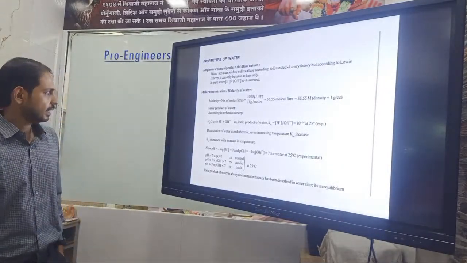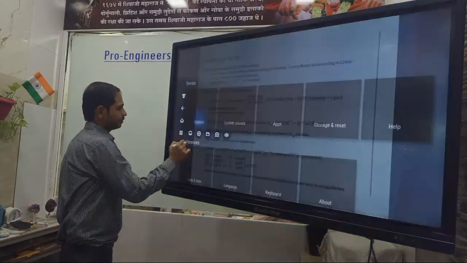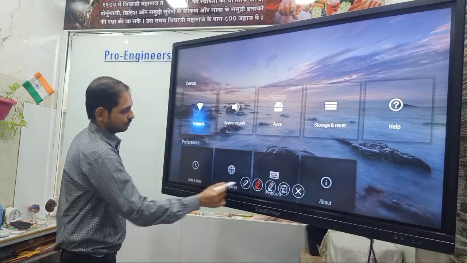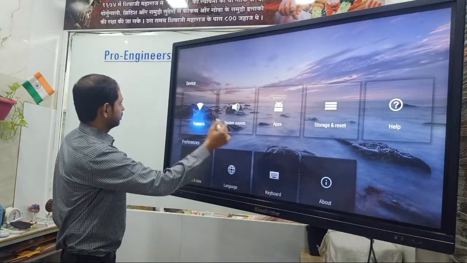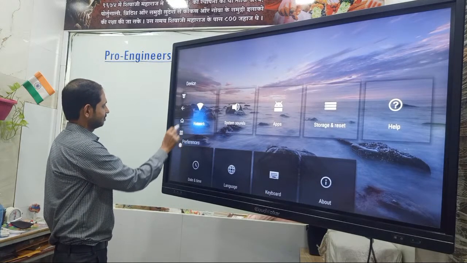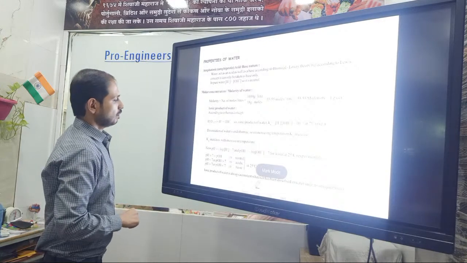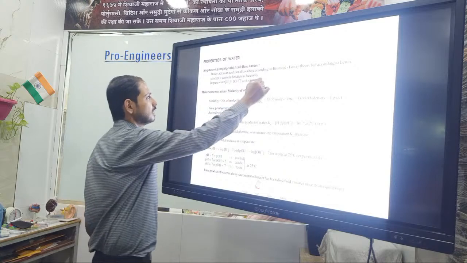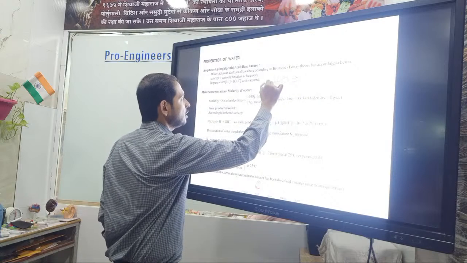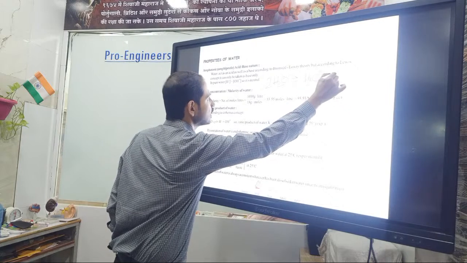How does water ionize? This is called the auto-ionization of water. If you take two water molecules, it gives you H3O plus and OH minus.